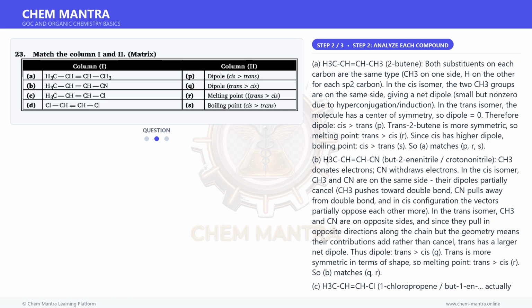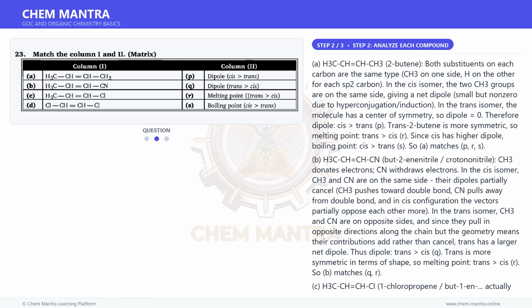B: H3C-CH=CH-CN, crotononitrile. CH3 donates electrons, CN withdraws electrons. In the cis isomer, CH3 and CN are on the same side, their dipoles partially cancel.